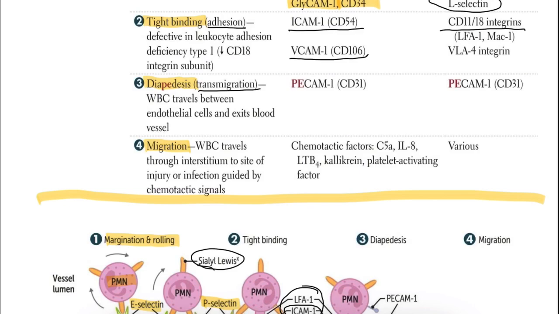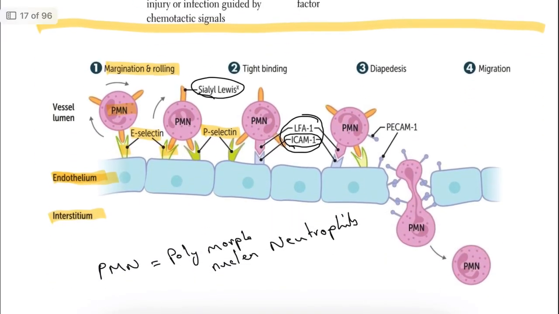Okay, so the important molecule, on both the endothelium and the WBC, is PECAM1, which is CD31. It acts like a zipper. It helps the leukocyte pass through the junction of the endothelial cells.